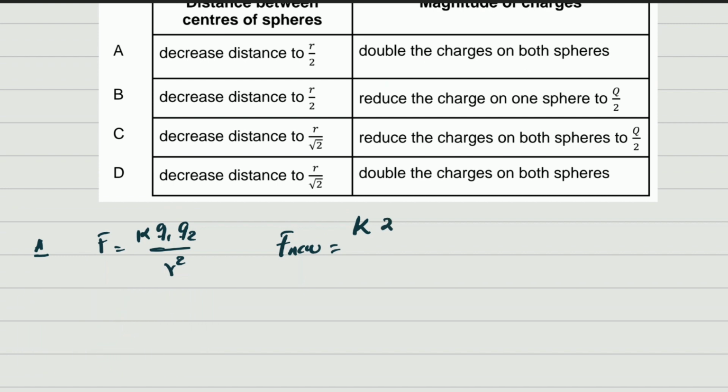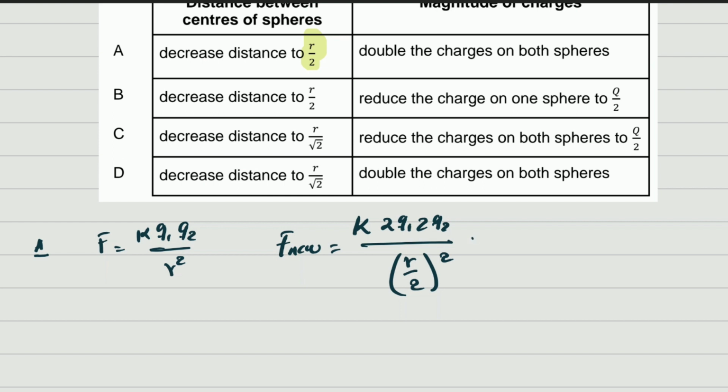So we'll have 2 Q1 and 2 Q2. Do you understand this one? I hope you understand. 2 Q1 and 2 Q2, because each of them is doubled. And now the distance is going to be half, as you can see on this side there. The distance is half. So R divided by 2, everything to the power 2.